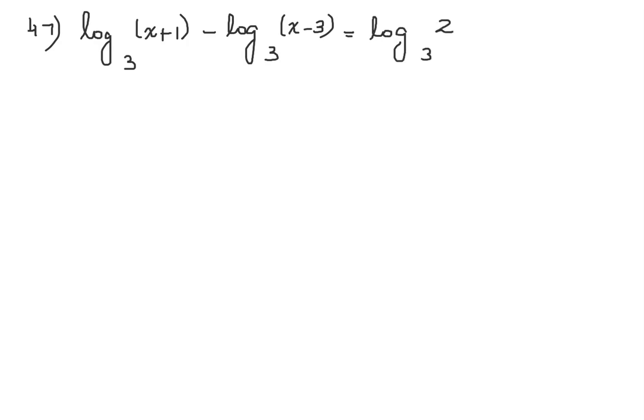So when we have the same base and we have log on both sides, however, we have to bring this one to 1 log because it's minus. We are going to apply the quotient property. So we have to write it as a single logarithm. So it is going to be x plus 1 over x minus 3.